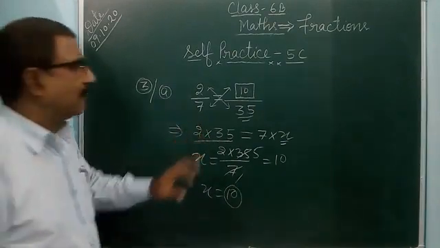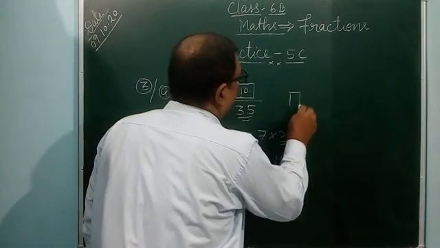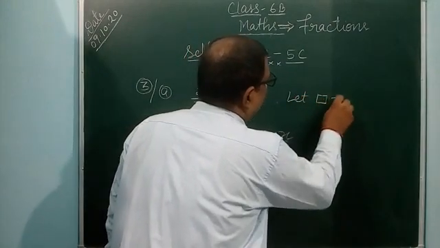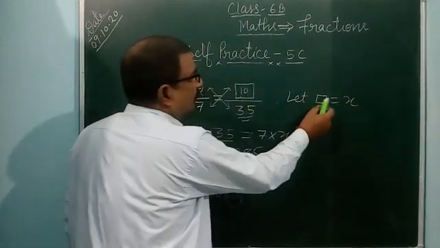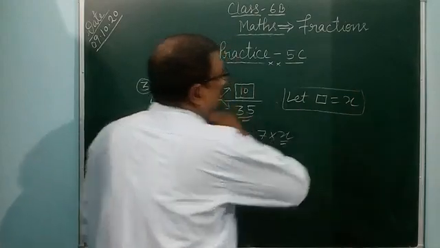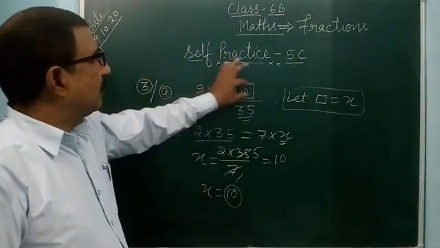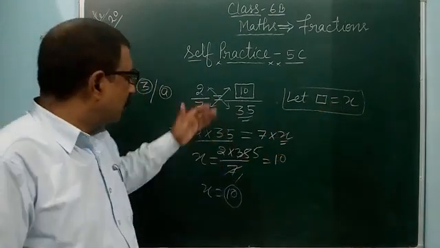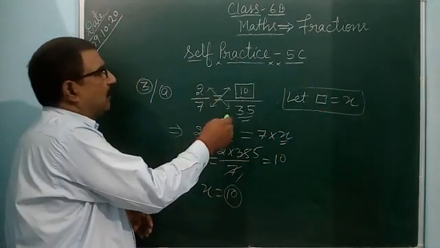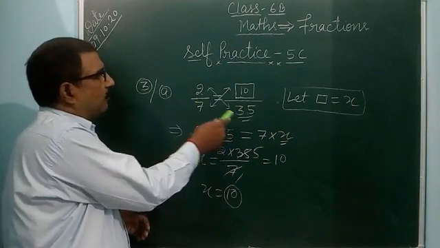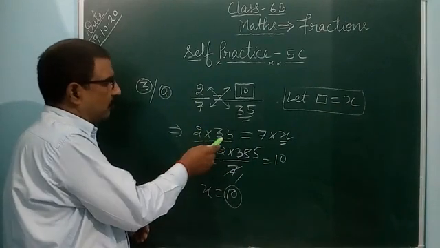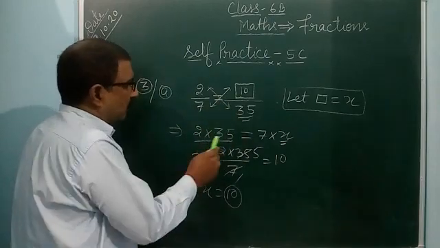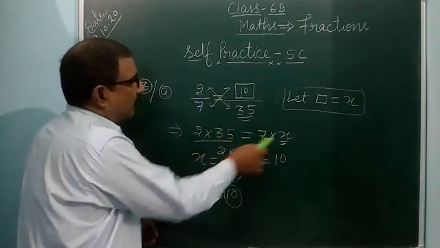Let us suppose you can write, let this gap be x. It means this gap is equal to x. In this way also you can represent. X is an unknown number. You have no idea. You can find out like that using the cross multiplying method. 2 into 35 is equal to 7 into x.